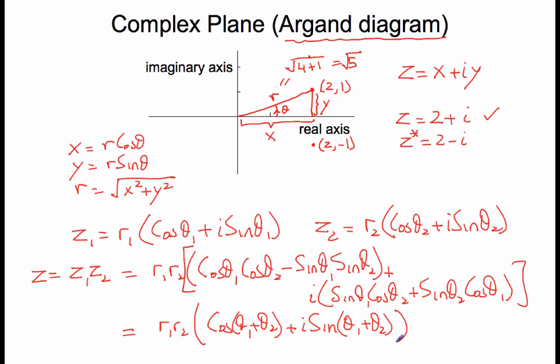That's simply by means of the trigonometric functions that we already know. And so this then is how we multiply two complex numbers which are of this form. We simply multiply the two magnitudes, r1 and r2, and we add the angles theta 1 and theta 2.